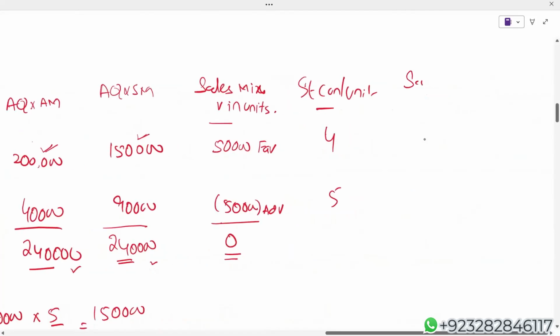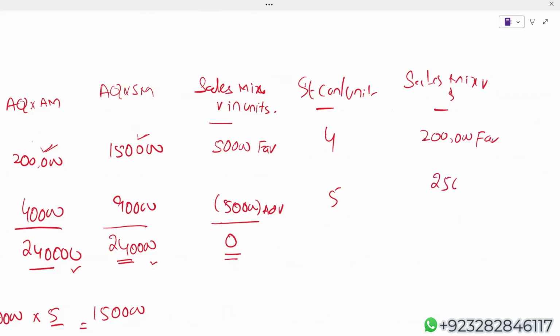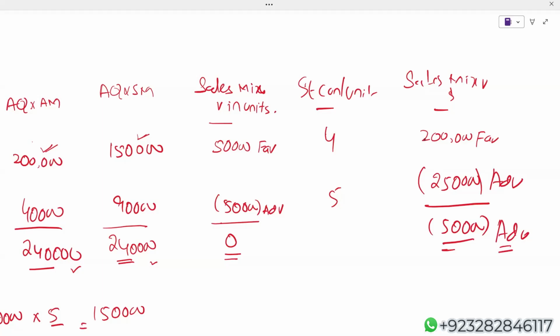Now sales mix variance in dollars. 4 into 50 will give us 200,000 favorable, but 2 lakh 50 adverse. So logically, the final answer is 50,000 adverse. So the final answer is 50,000 adverse.